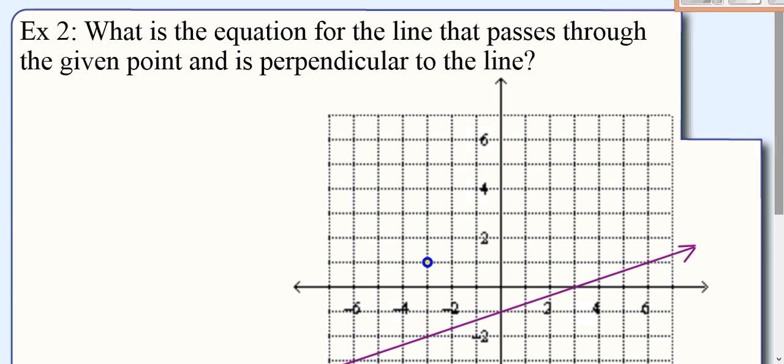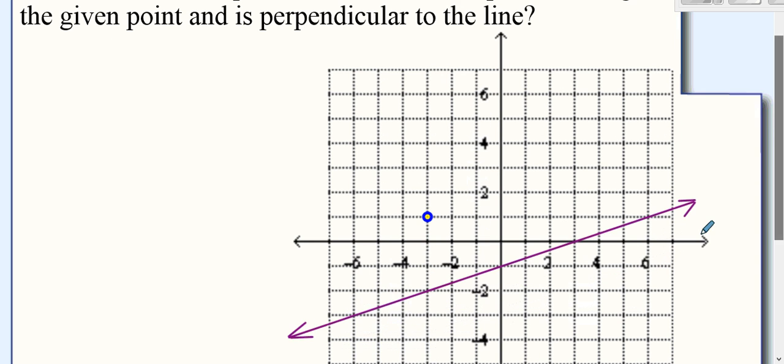So now we're going to do an equation that is perpendicular to the given purple line, and it has to pass through this point. So the first thing we're going to do is look at the slope of that given line, the purple line. So you got to find two good points.